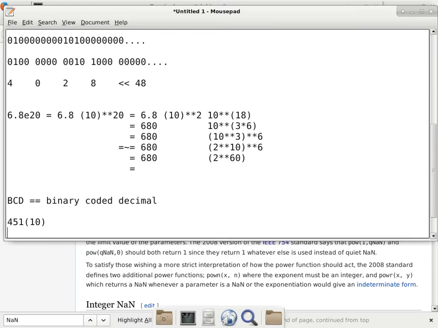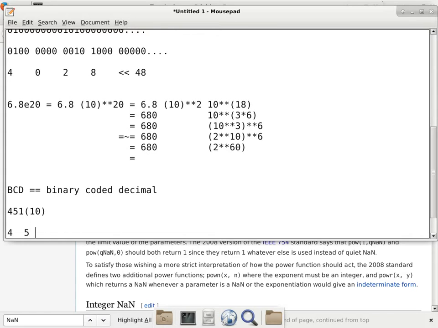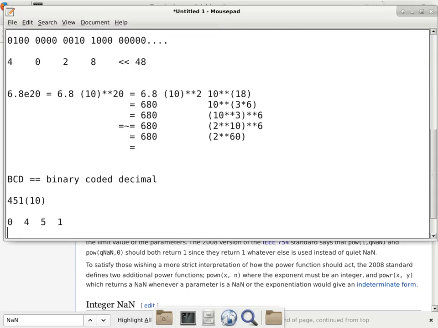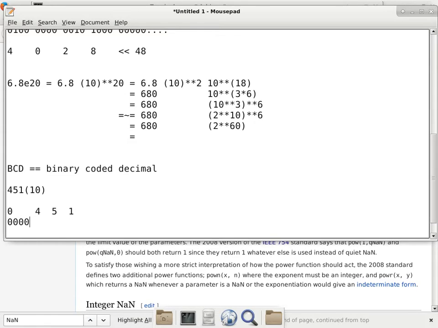They look at 4, 5, and 1, and let's say we only want to use 16 bits. The leading digit is 0000, the 4 is 0100, the 5 is 0101, and the 1 is 0001. That is the BCD version of 451.